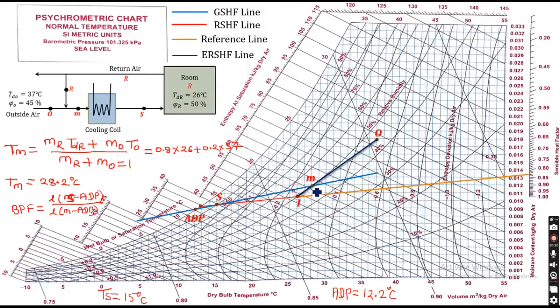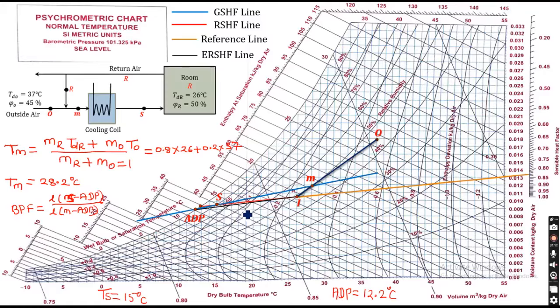As we discussed, the yellow color is the reference line, the red color is the room sensible heat factor line, and the green line that you see, M to ADP, is called the grand sensible heat factor line. And now the line joining this ADP point and this room condition point, that is the I point here. The line joining ADP and I point is nothing but the effective room sensible heat factor line. So the black line that you see is the effective room sensible heat factor line.